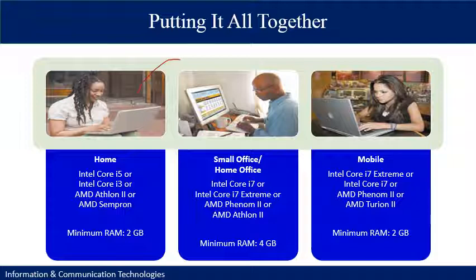For example, if you want to use a computer for your home, an Intel Core i5 or i3 processor will suit you, and you should have a minimum of 2 GB RAM. For office use, you can use the Intel Core i7 or i7 Extreme processors with a minimum of 4 GB of RAM, and for the mobile environment you can use an equivalent type of processor with about 2 GB of minimum RAM.